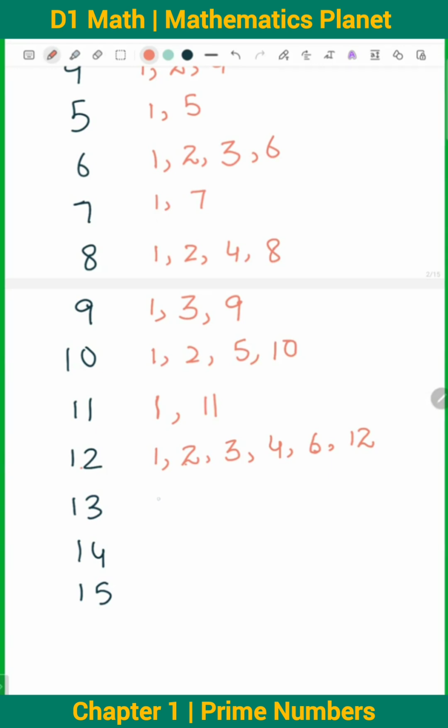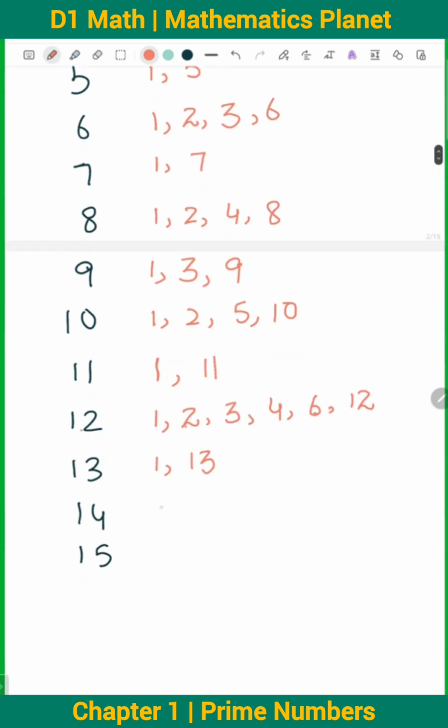Miss, 13 is a prime number, so it will be 1 and 13. Very good. Zen, can you tell me 14 too? 14 is composite. It has 1, 2, 7, and 14. Fajr, can you tell me 15? 15 is a composite number. It has 1, 3, 5, and 15.